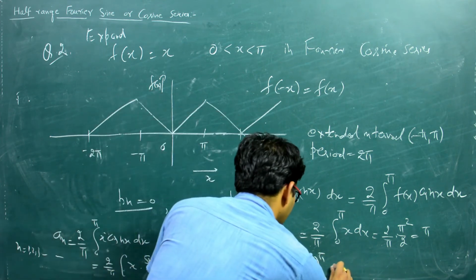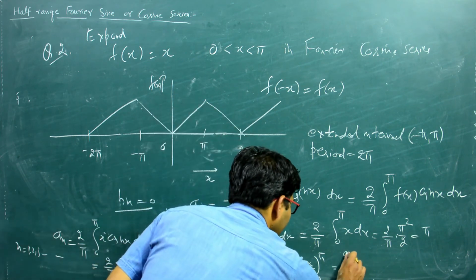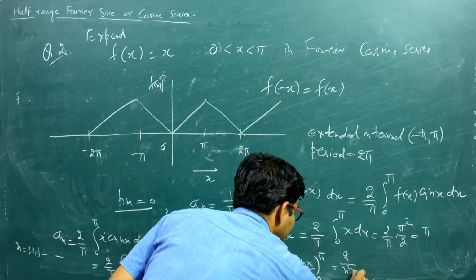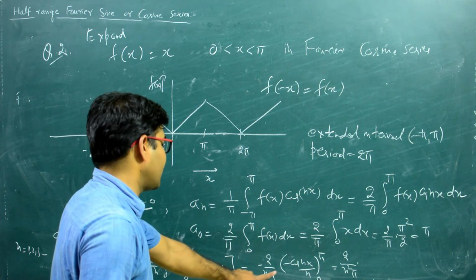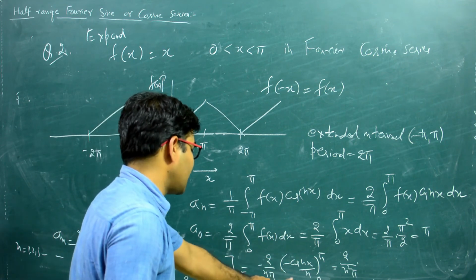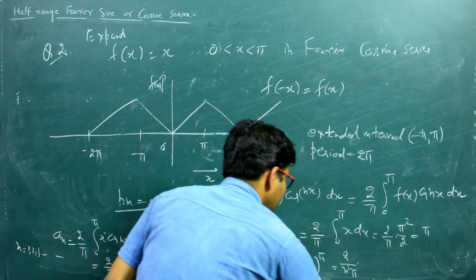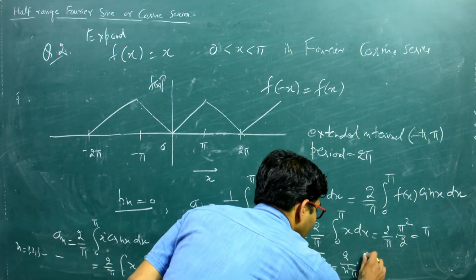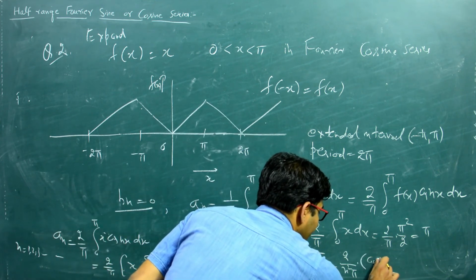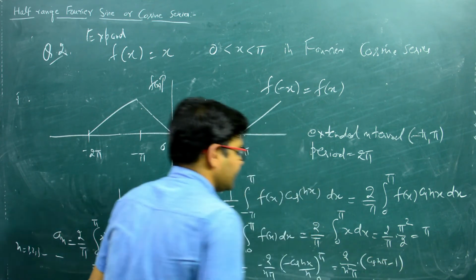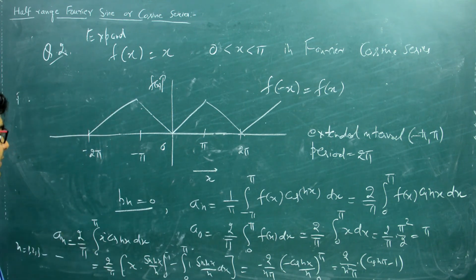So minus minus becomes plus 2 over n squared pi, and cos n pi minus cos 0, where cos 0 is 1.